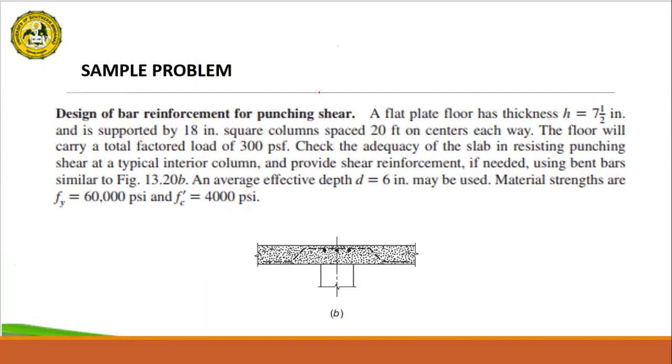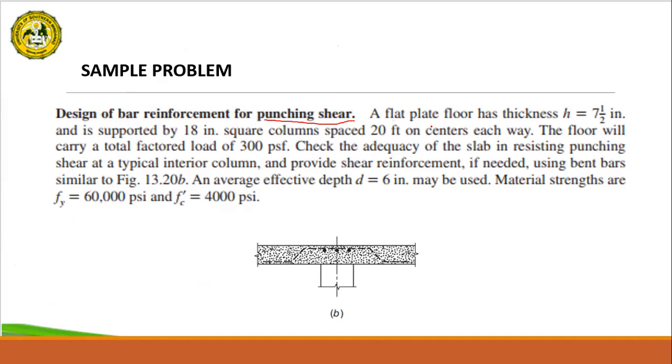Now let's try to solve yung sample problem. So this is an example of design of bent bar reinforcement for punching shear. No? Paano ba tayo mag-design ng bent bar reinforcement for the punching shear?